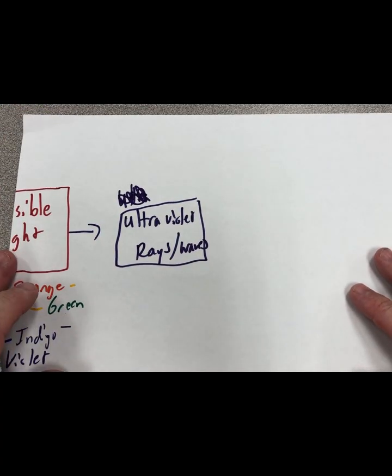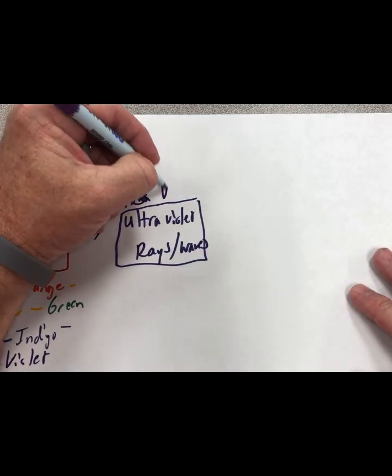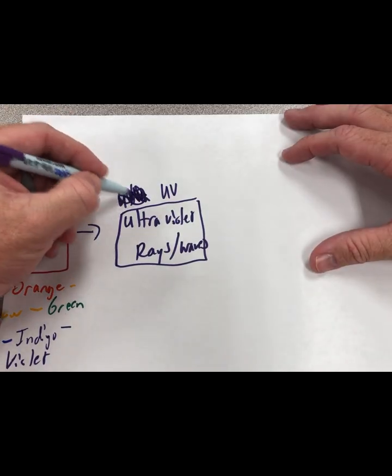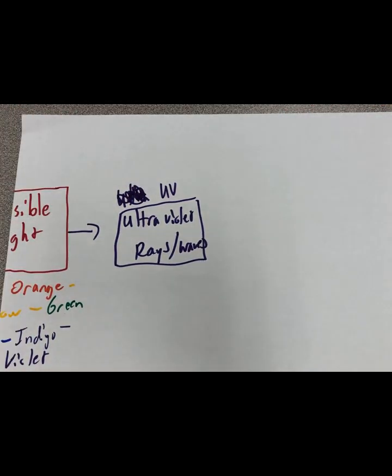Now, you're probably familiar with this, UV for short. Those are the waves that people talk about that you need to be careful of when you're out, especially in the summer and the spring. Those rays come from the sun. You need to wear proper sunscreen to protect yourself from those UV rays, okay?